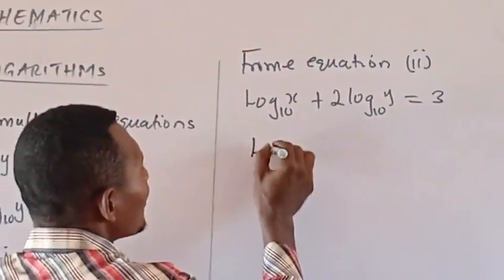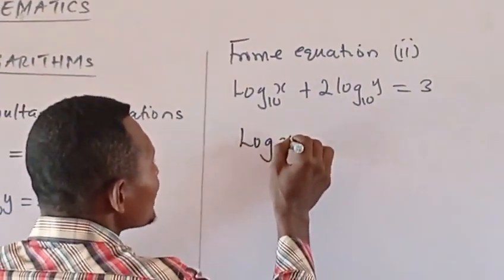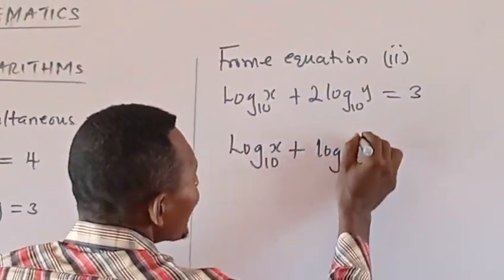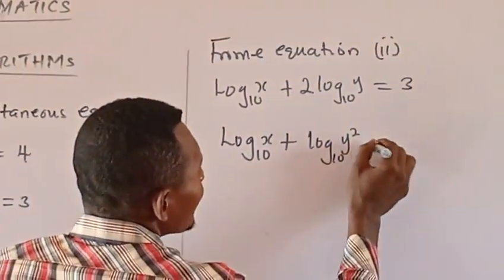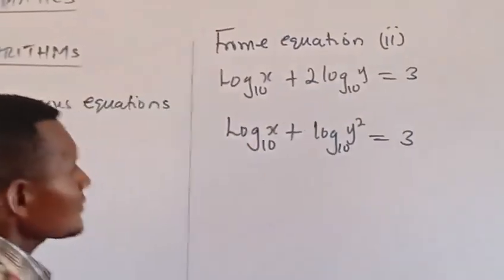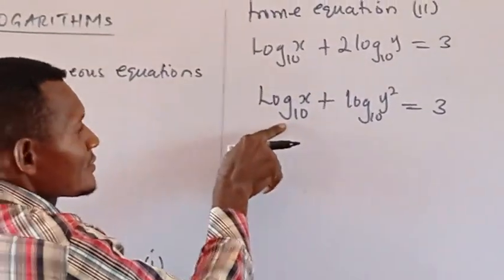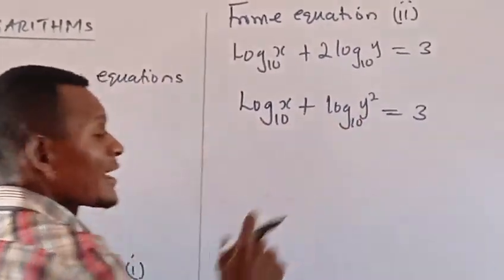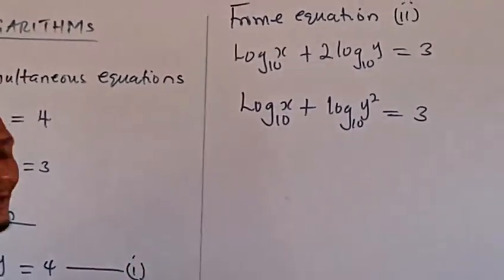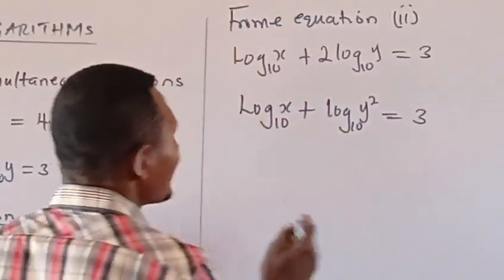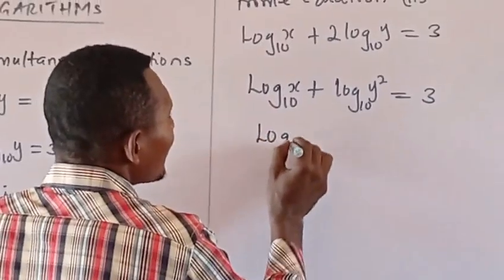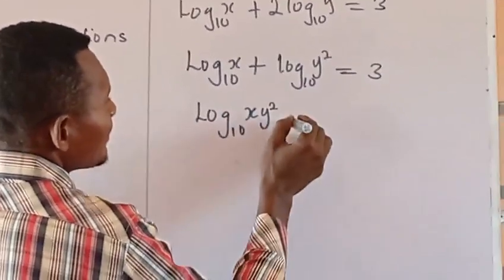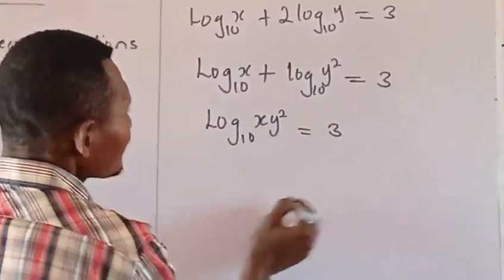So here we can have log x to the base 10 plus log y squared to the base 10 is equal to 3. So we can see that log x to the base 10 and log y squared to the base 10 are added. So we are going to multiply the logarithms since the bases are the same. So we can have log of x y squared to the base 10 is equal to 3.